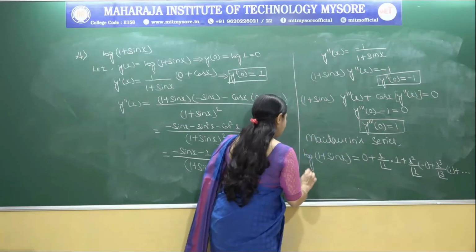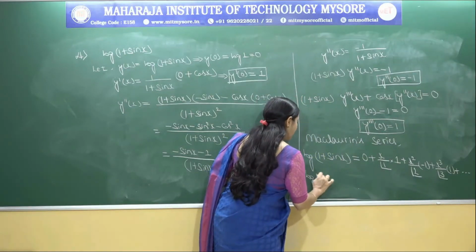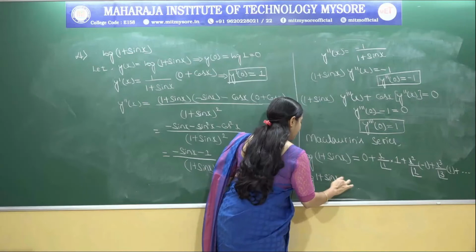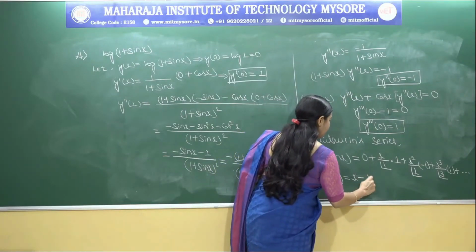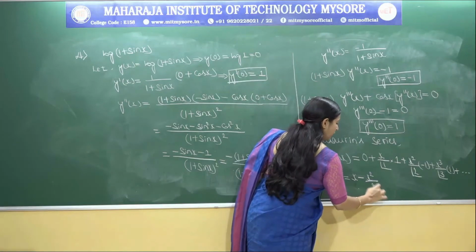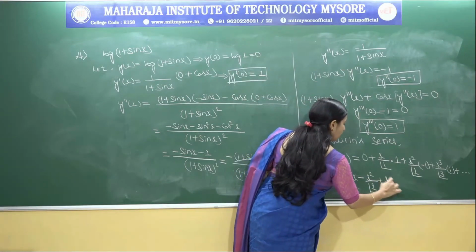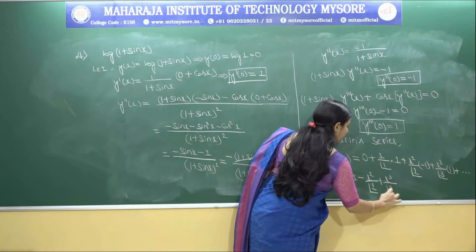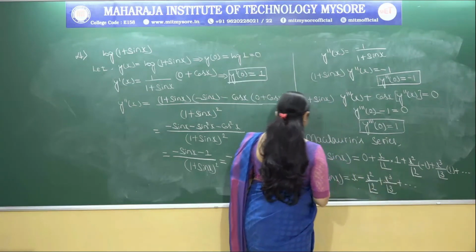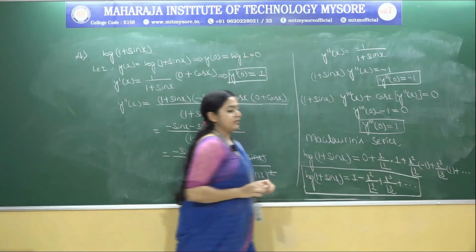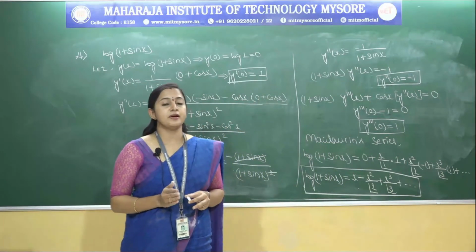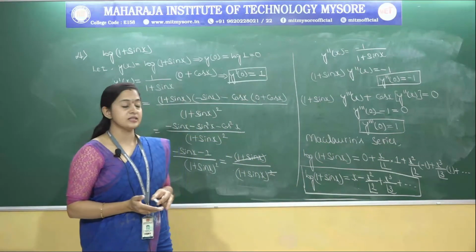So we will get log 1 plus sin x using the Maclaurin series. The first term is x, second one x square divided by 2 factorial, third one x cube divided by 3 factorial. This is the series expansion of log 1 plus sin x.